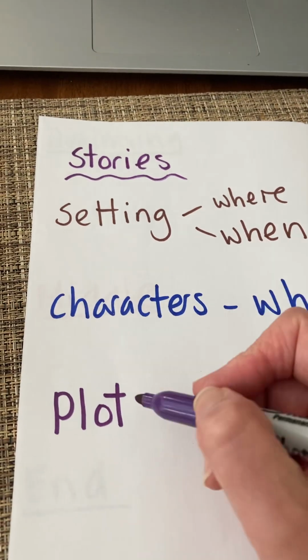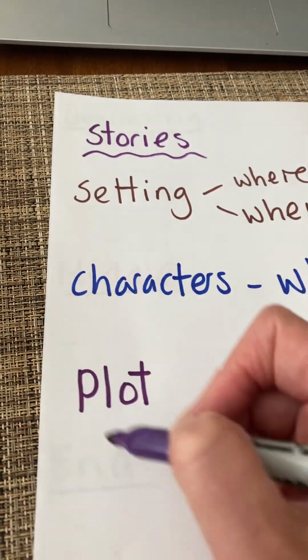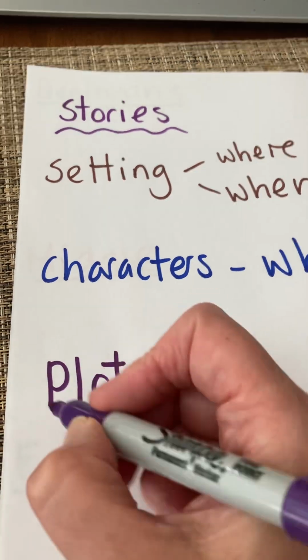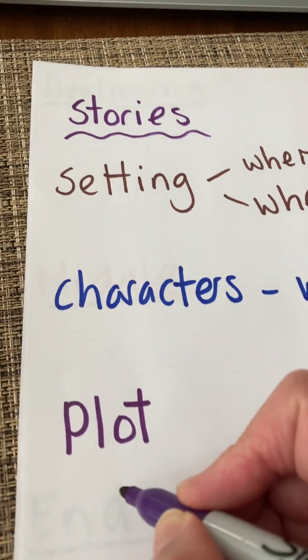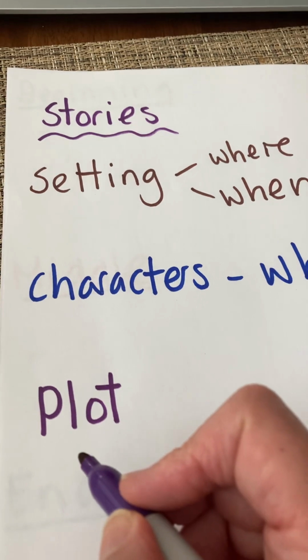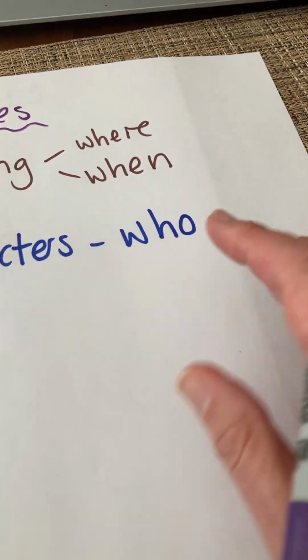But the thing that we're going to do before you start to do any of your writing is we're going to think about the plot, because we need to do a little bit more planning.